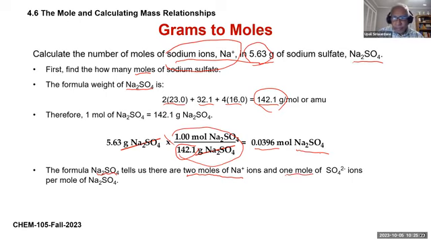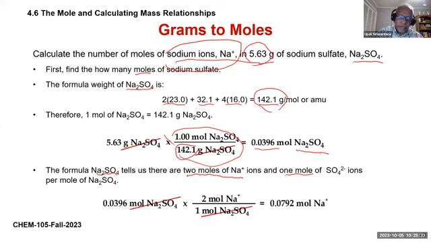Therefore, 2 times 0.0396 is the number of sodium ions. That gives 0.0792 moles of sodium ions. That is the answer to this question.